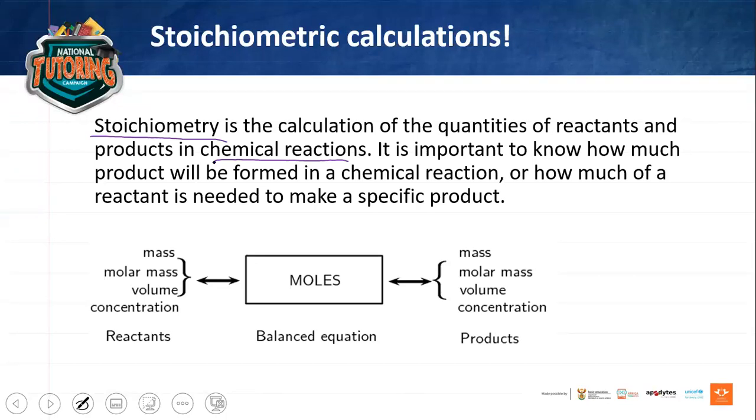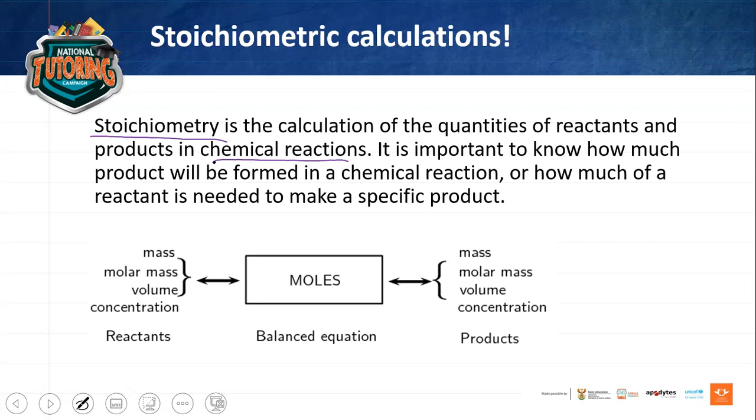Well, it's what we've spoken about: number of moles, or mass, or volume, or concentration. Those are all the quantities that we are talking about. Okay, so it sounds fancy, and it is actually. These calculations can be a little bit difficult, but I'm going to walk you through it. And if you understand the fundamentals, then it's not going to be so hard.